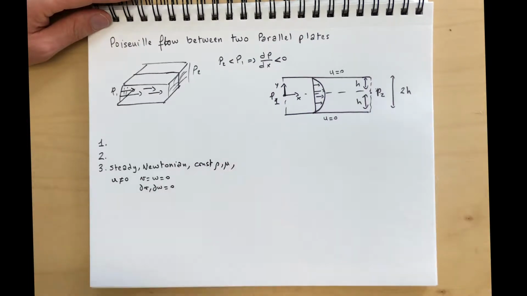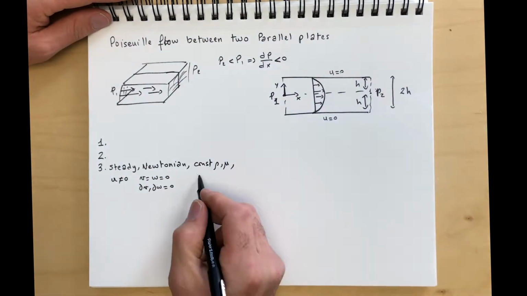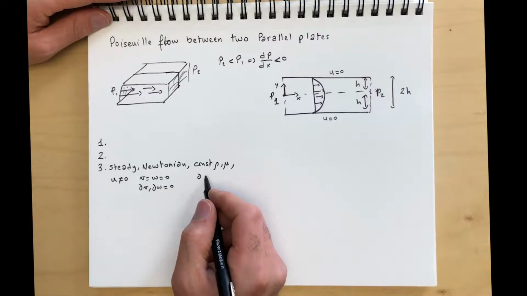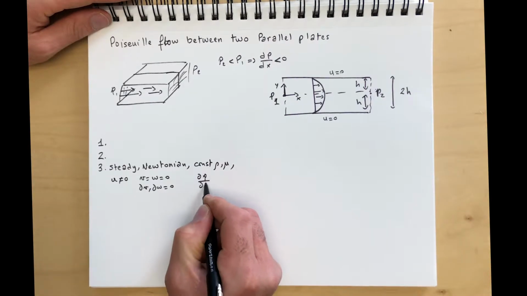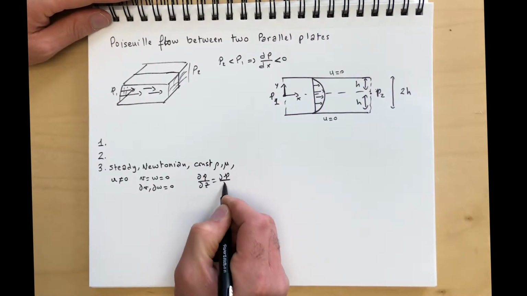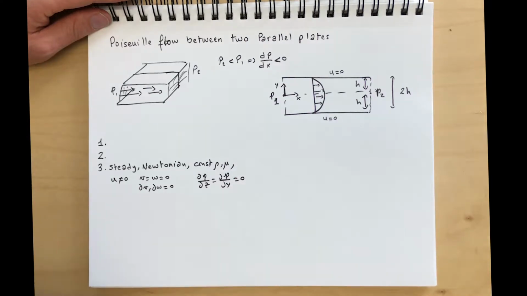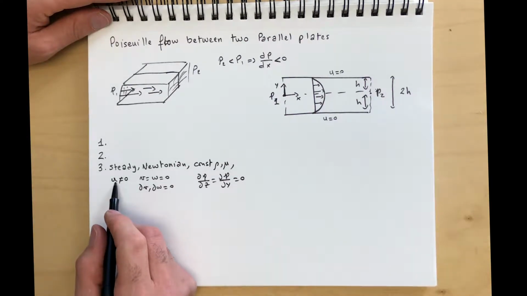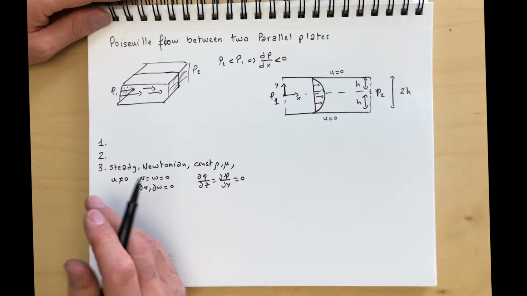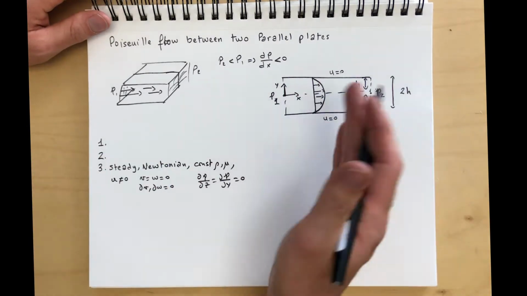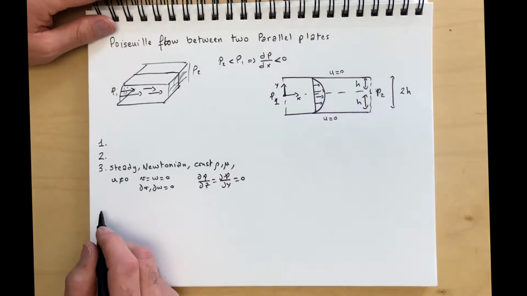We will also assume that there are no pressure gradients in the Z and the Y direction, so dP by dZ equals dP by dy equals 0. And U is only a function of the x direction. We'll actually prove this in a second.